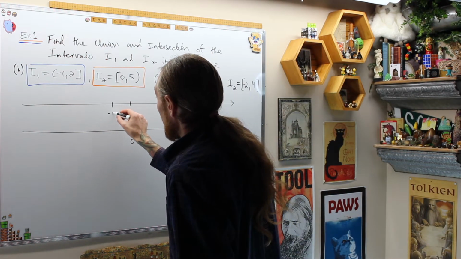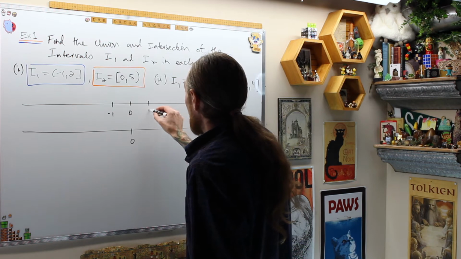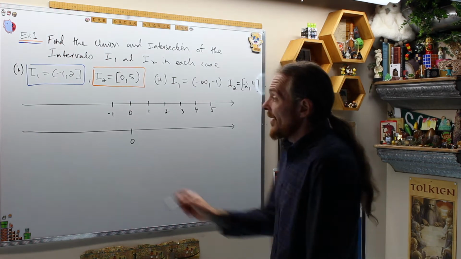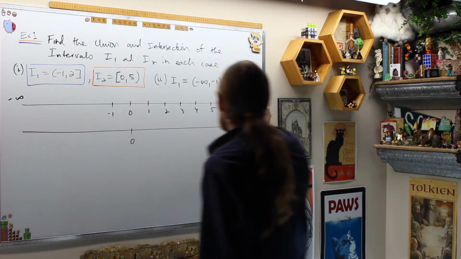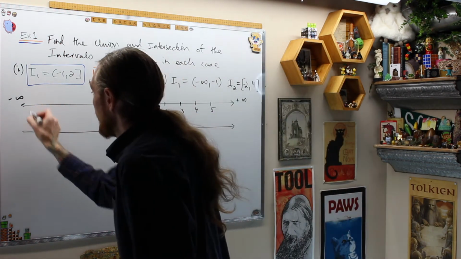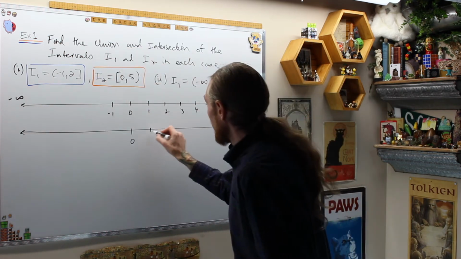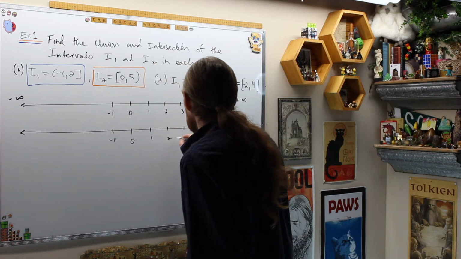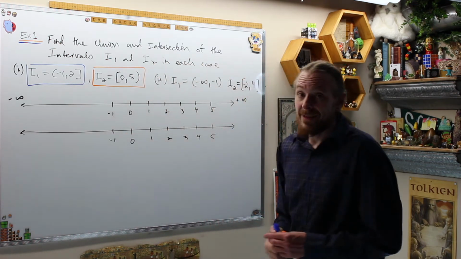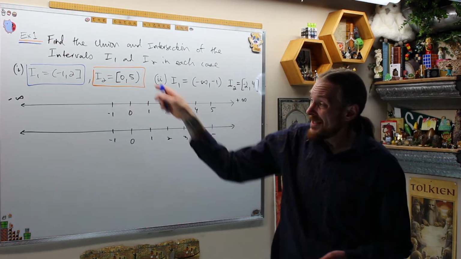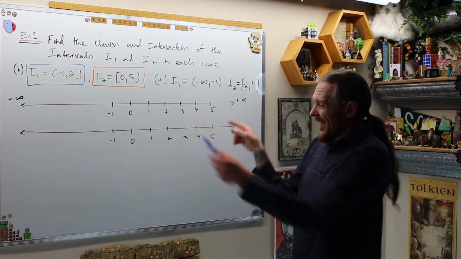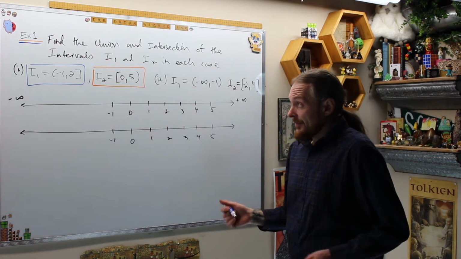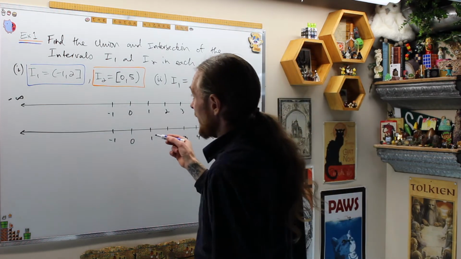So we have -1, and then 1, 2, 3, 4, 5. This is negative infinity, this is positive infinity. Same thing down here: 1, 2, 3, 4, 5, -1. Once I have that, I can pictorially represent both of these intervals individually, and then I can visually find their intersection, their overlap, and then their union.